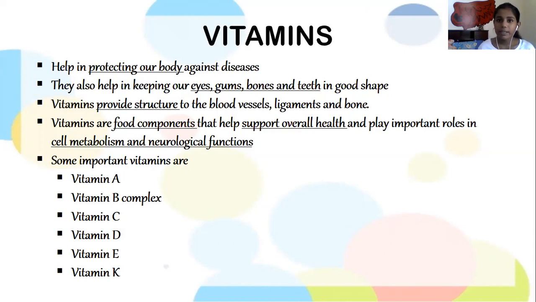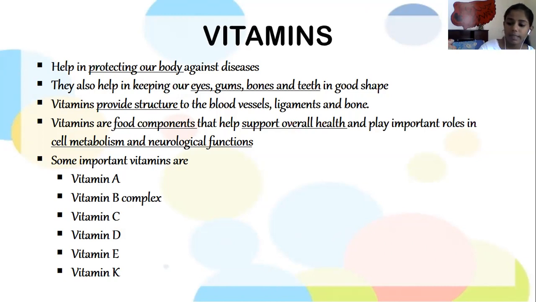Functions that take place in the nervous system, such as carrying messages from one part of the body to the brain, or from one part of the body to another. There are several vitamins, such as vitamin A, vitamin B complex, which is called that because it's a group of vitamins, and we'll come to that later, vitamin C, vitamin D, vitamin E, and vitamin K.